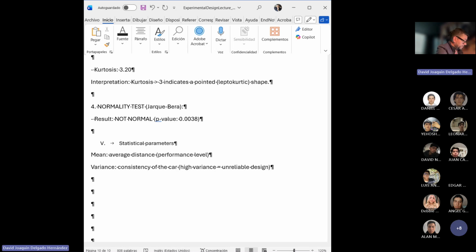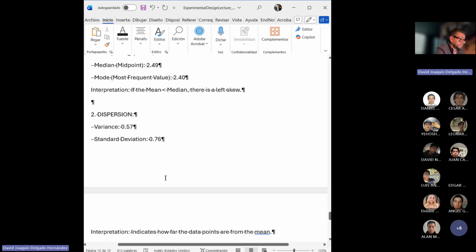What about the skewness? That represents few extreme results. And that means instability. So look, the skewness, a few extreme results.